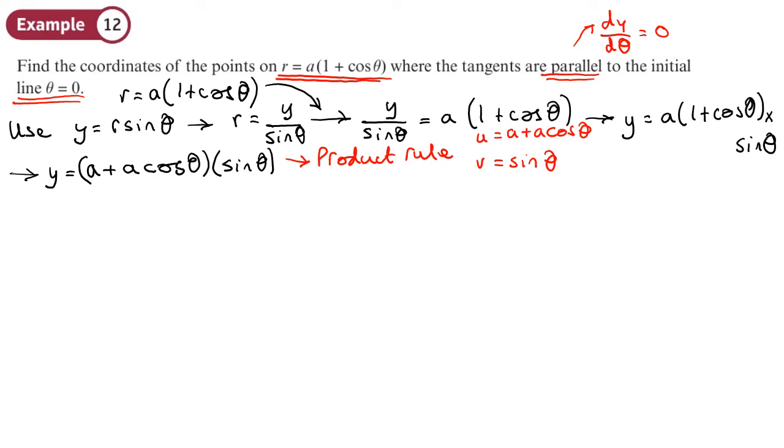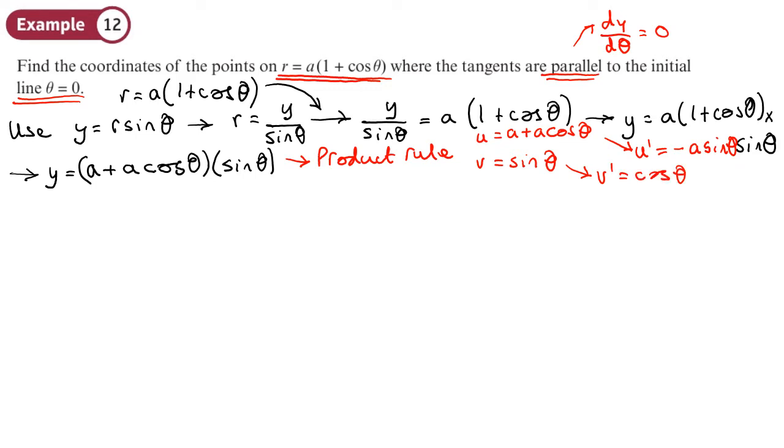So u dash, when I differentiate that, is just going to become negative a sine theta, and v dash is just going to become cos theta.